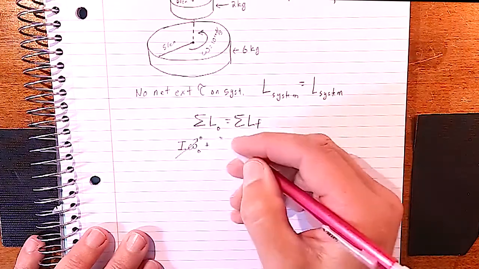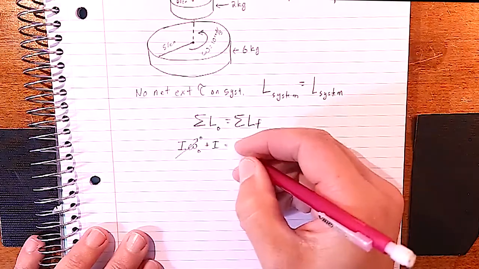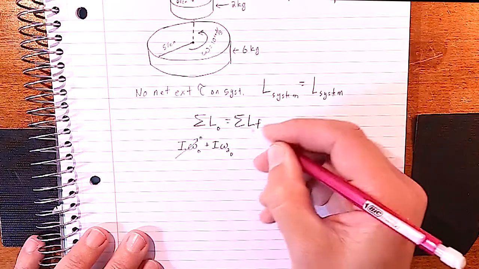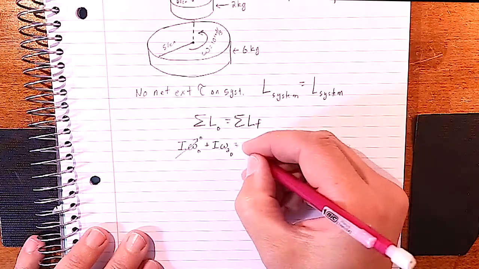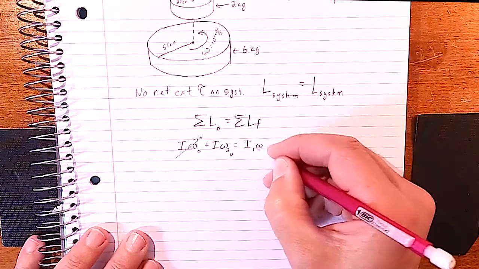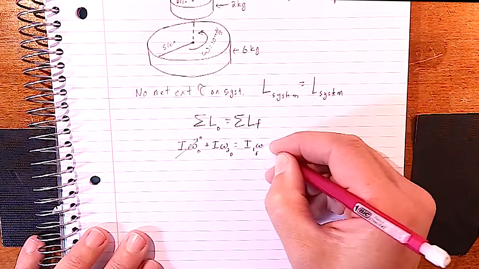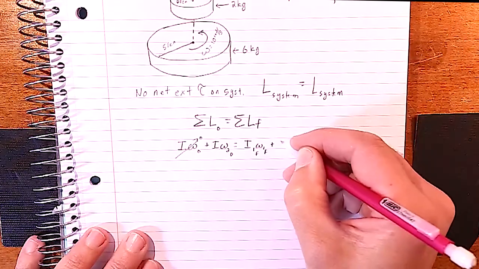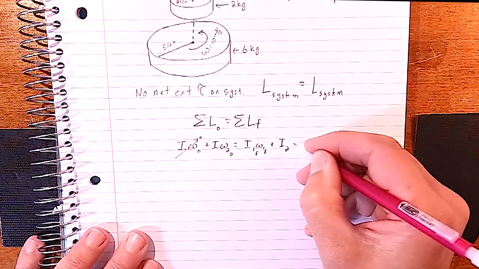Then we have the second disk, which I'm going to call disk 2, I omega 2 initial. And then that's equal to I1 omega 1 final, plus I2 of the second disk, omega 2 final.